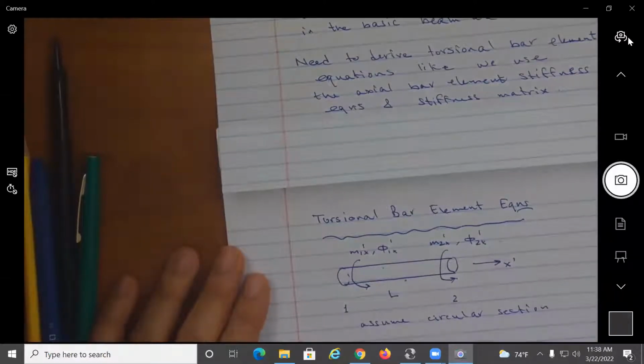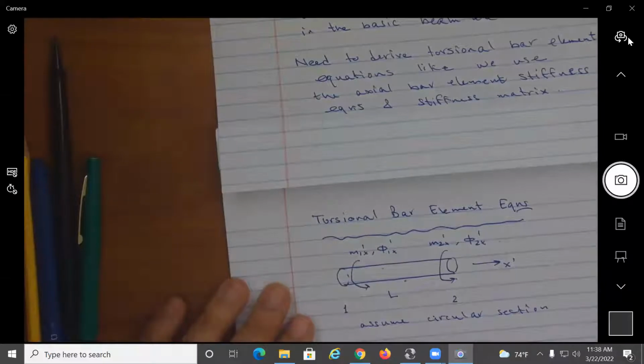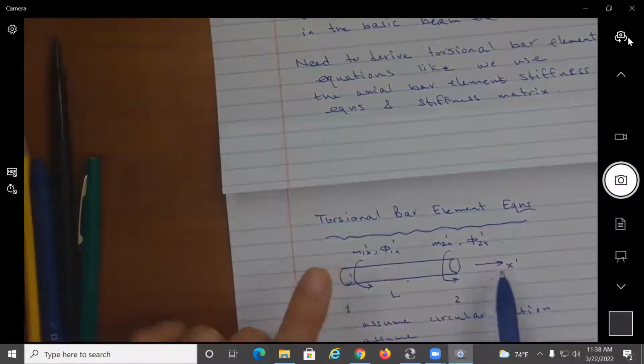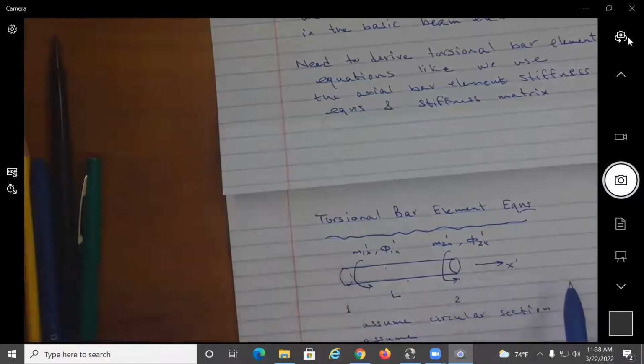Now we're going to start by looking at the displacement equation. In this case, the displacement is rotational, right? So if we have 2 degrees of freedom, we want to have 2 parameters in the equations. So we're going to use a linear displacement function.